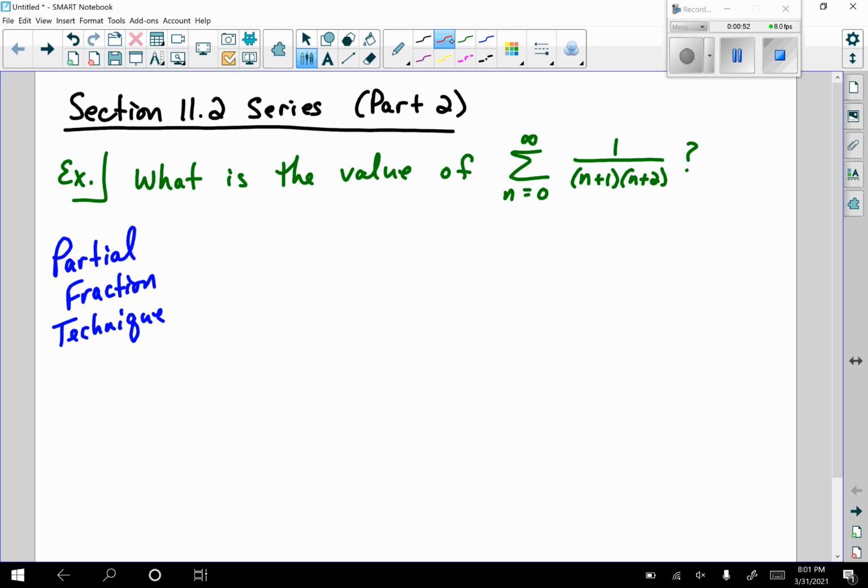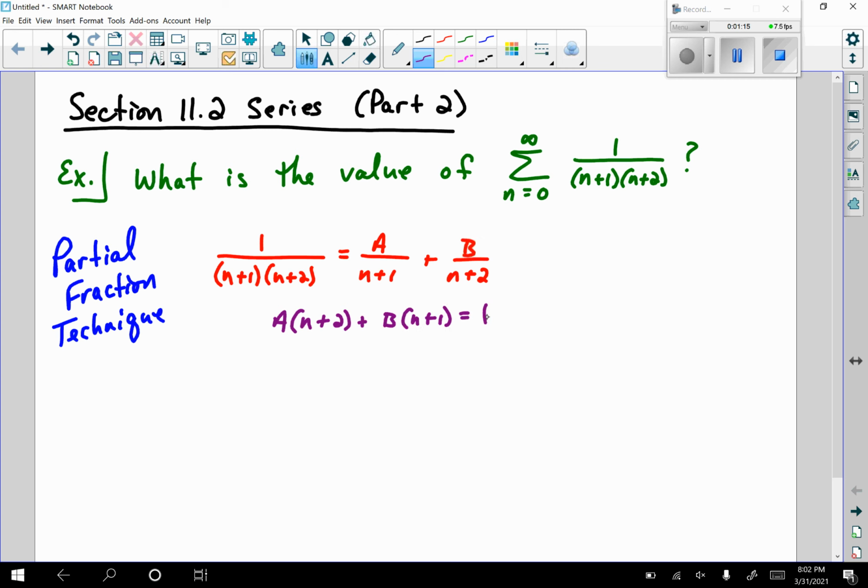All right, so what we're going to take a look at here is we're just going to focus on the fraction here. So we're going to say 1 over the quantity n plus 1 times the quantity n plus 2 is going to equal a over n plus 1 plus b over n plus 2. And we'll solve for a and b. So now we'll have a times the quantity n plus 2 plus b times the quantity n plus 1 is going to equal 1.